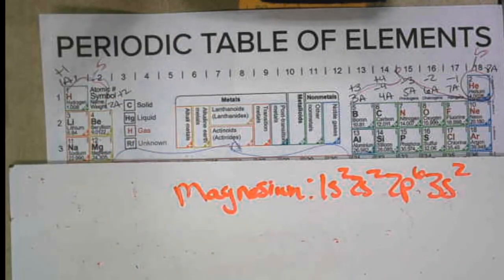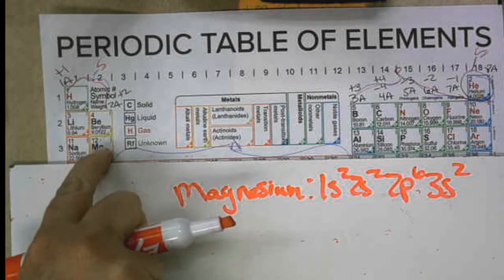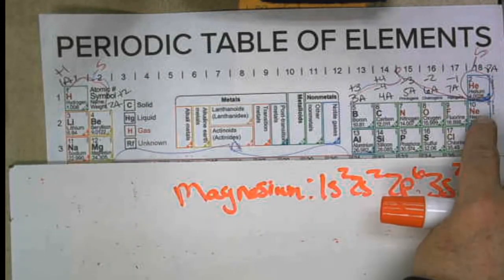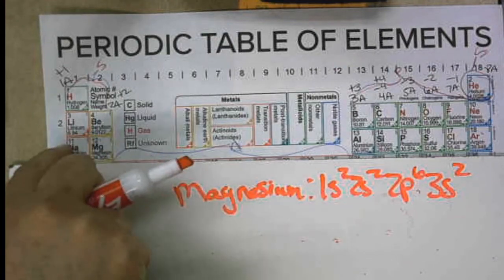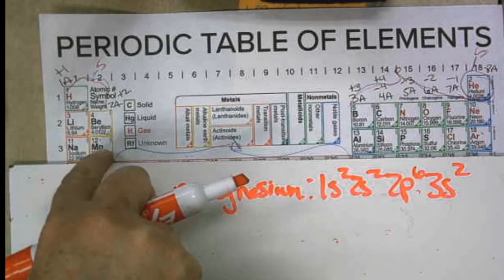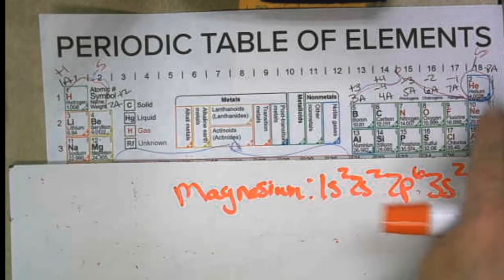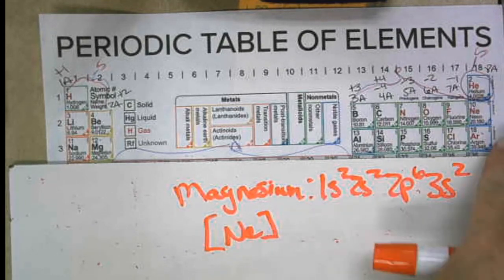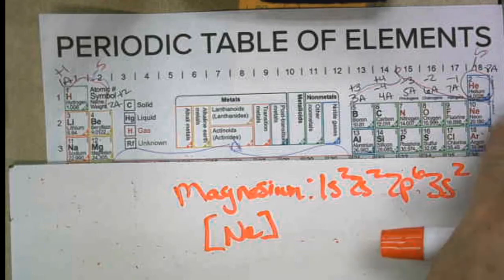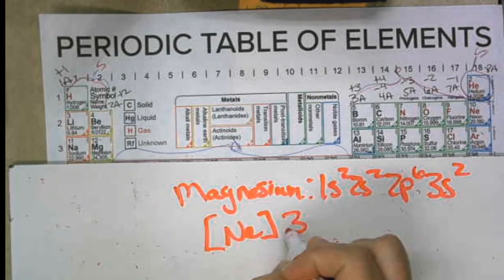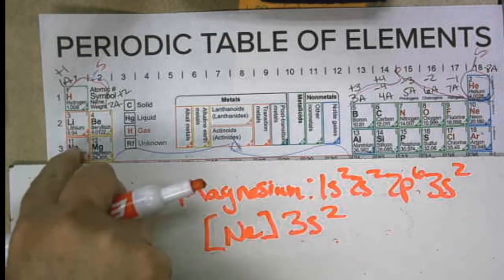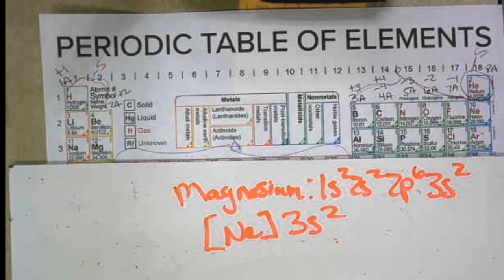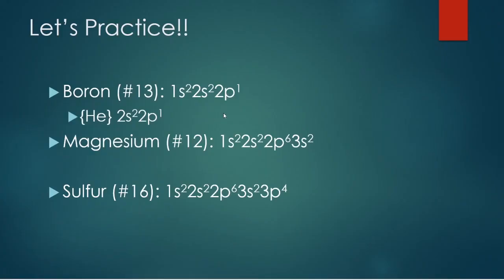All right, so you have magnesium, which is here. And so you look back at neon is the one behind it. You never want to go forward. Don't go to the right, go back to the left. And you will have neon. And then you will add here 3s2. And I will get to magnesium. So that is the shorthand for magnesium. And I did that one right.